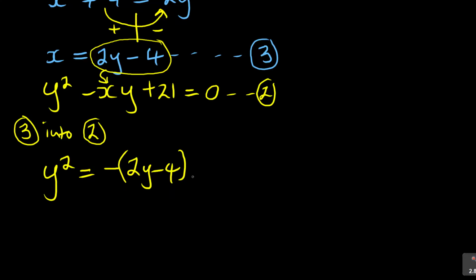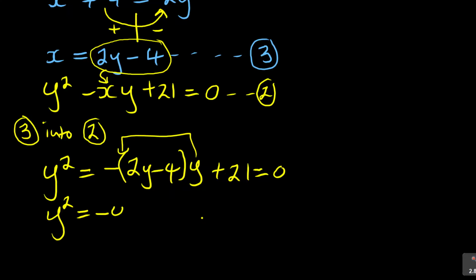That's where they want to trick you now. Then let me refinish that. Plus 21 equal to 0. That's where they just like tricking students, because you're confused. What do I do with that y? Simple, guys. Y squared is equal to minus, take it to the front, so it's minus y, 2y minus 4 plus 21 equal to 0.